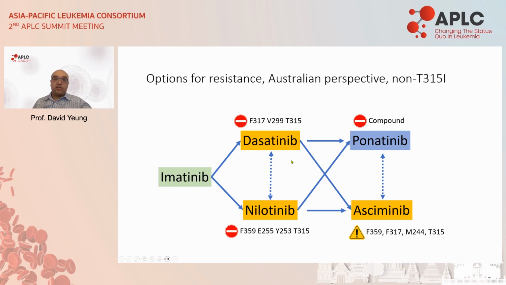For patients starting a second gen TKI, there's not very much evidence to suggest that switching between second gen TKIs will be helpful. Nonetheless, sometimes we are forced to do that because of regulatory limitations before going to either ponatinib or asciminib.